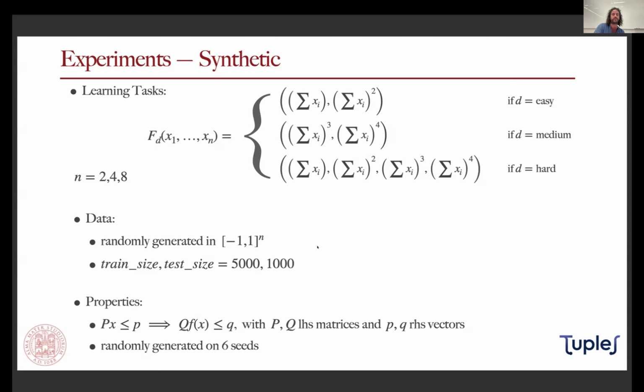So our properties are of the form P of X less or equal than p implies Q of F of X less or equal than q. Okay, so here we have a system of linear inequalities in the input space, a system of linear inequalities in the output space. Here we are pretty much in the scenario of the illustrations, okay? So we have a polyhedron or a polytope in the input and the same in the output. So we start synthetic, we start simple.